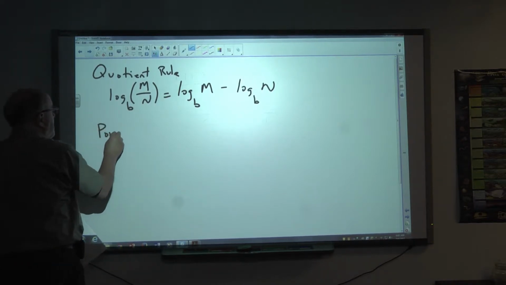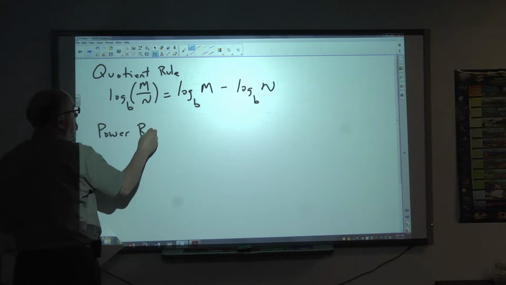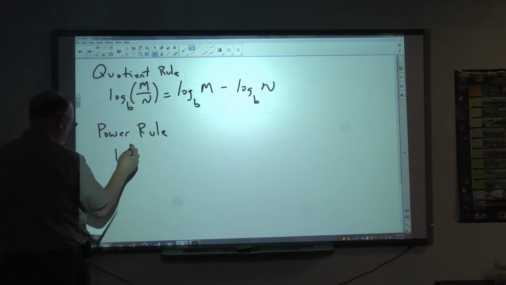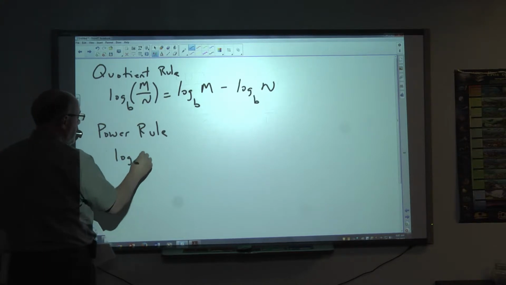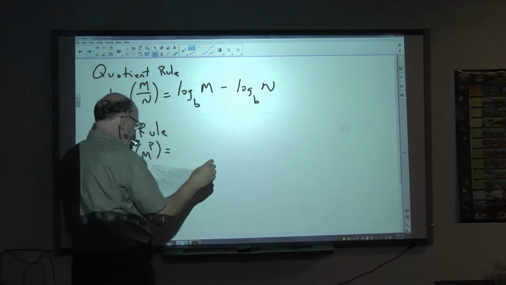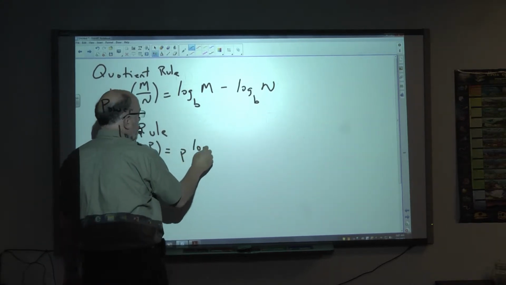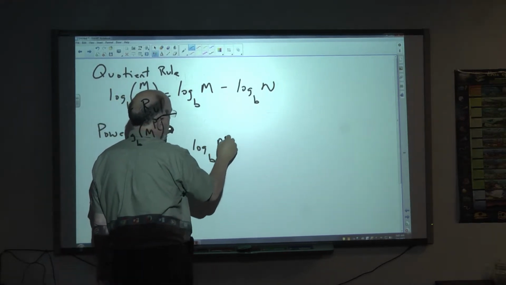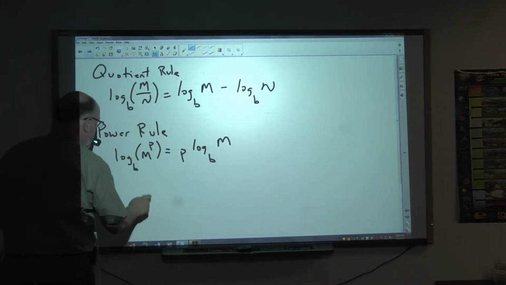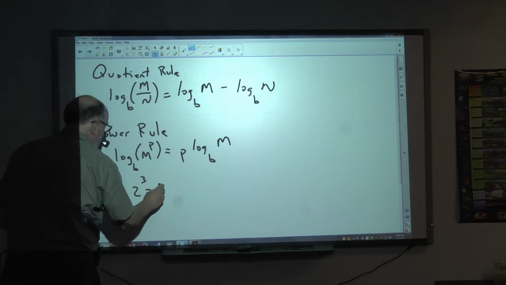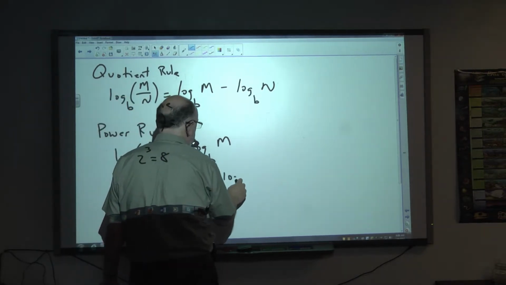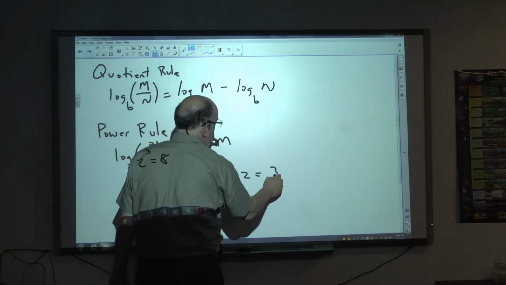And then the last rule is the power rule. The log base b of m raised to the p is equal to p times the log base b of m. For example, 2 cubed I know is 8. The log of 2 is 0.3010.